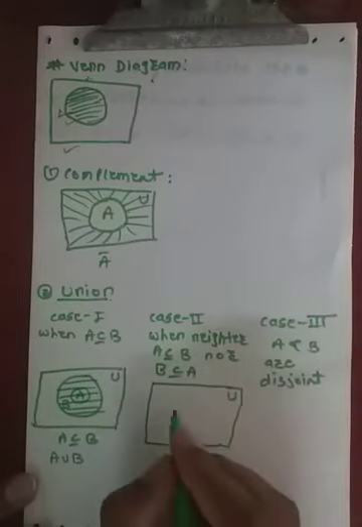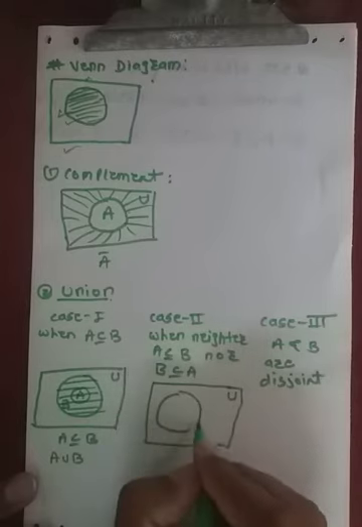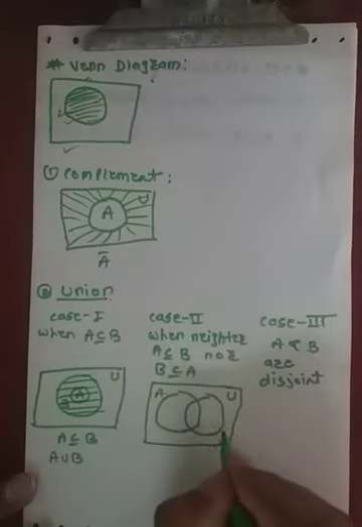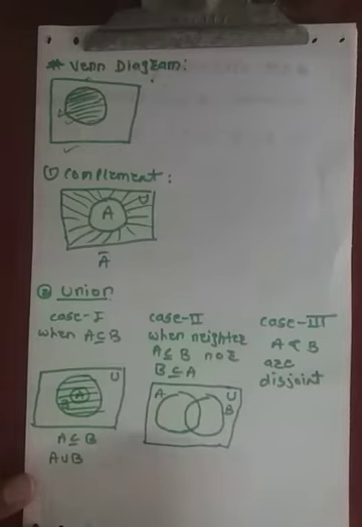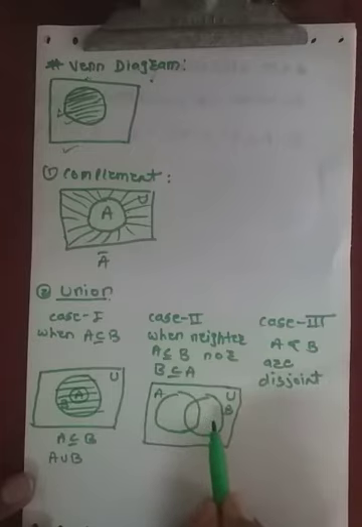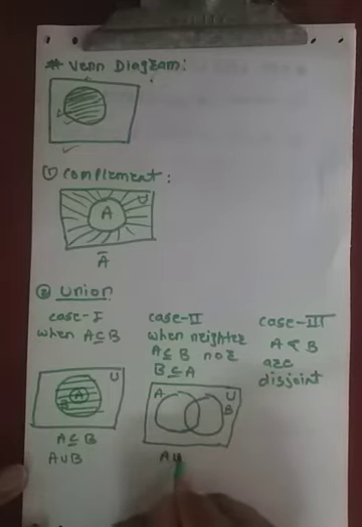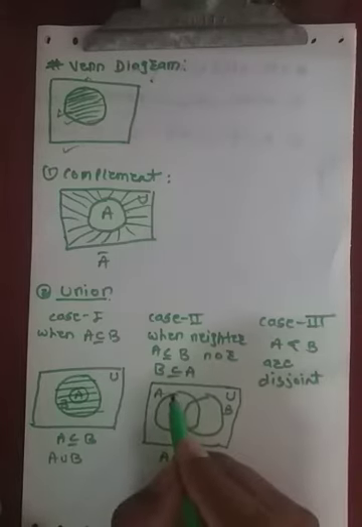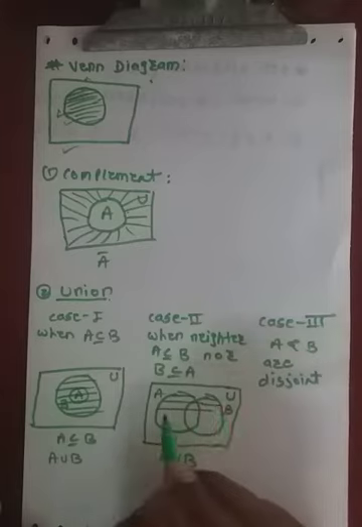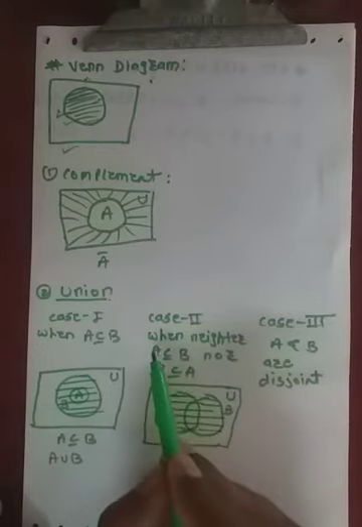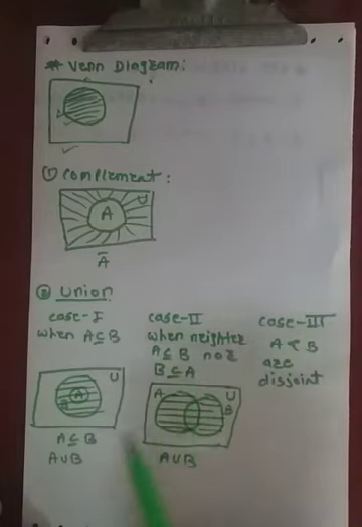This is our universal set and this is set A, this is set B. In that case, A is not subset of B and B is not subset of A. So in that case, A union B is the portion, this one.